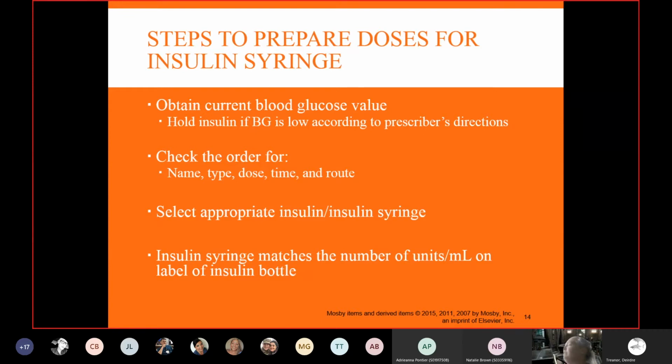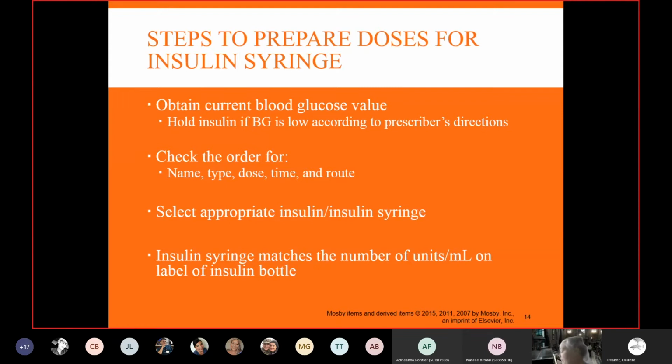Very rarely, almost never, are you going to use the 500. It almost always will be 100. Make sure the insulin syringe matches the units per milliliter on the bottle. That'll be your clue. You'll look at the bottle, and if it says U100, you know you need to use a U100 syringe.